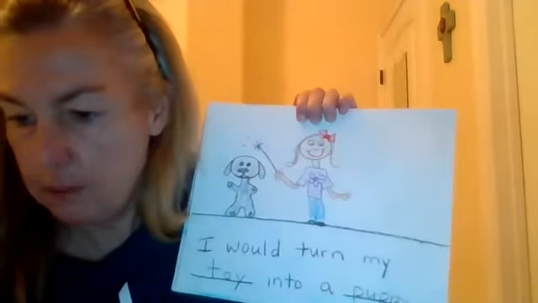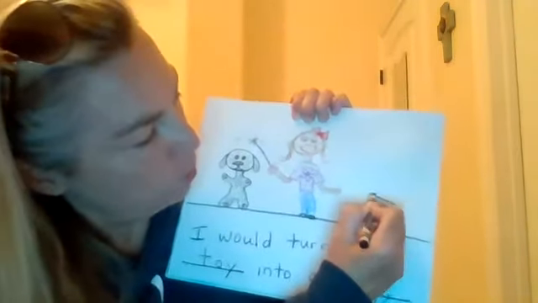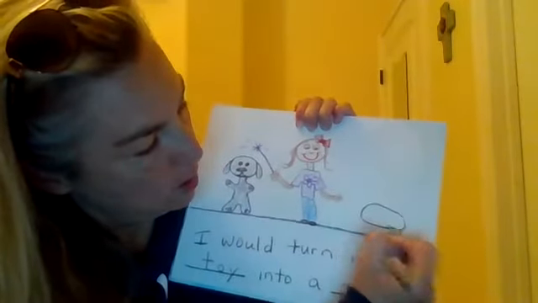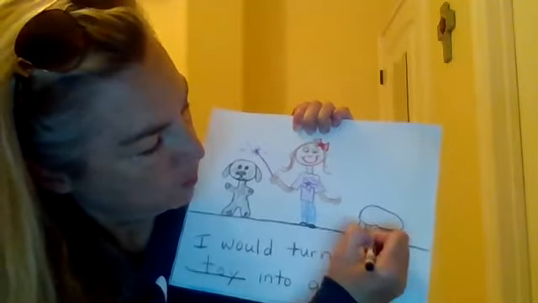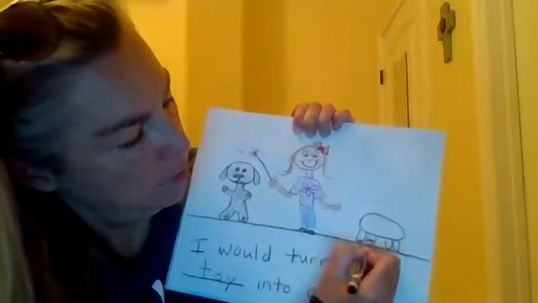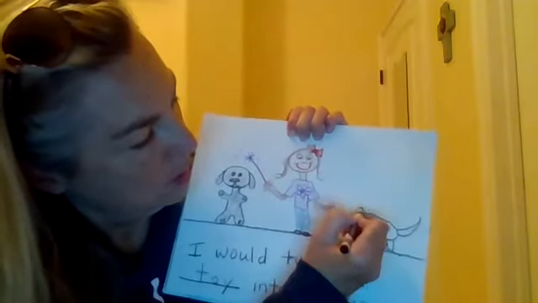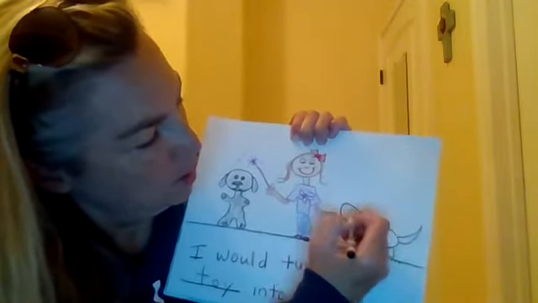Oh, where did my black crayon go? There it is. All right, here's going to be a real dog over here that she's going to walk on a leash. I'm going to give him some claws and a tail. He's a happy dog. And a big head.